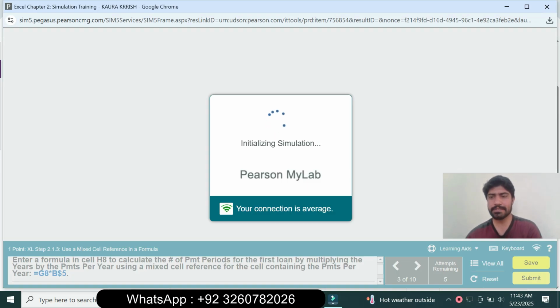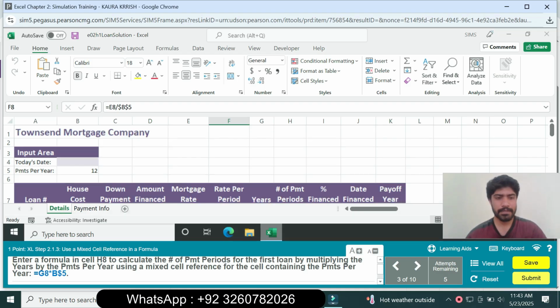Question number 3 is: enter a formula in cell H8 to calculate the payment periods for the first loan by multiplying the years by the payments per year, using the mixed cell reference for the cell containing the payments per year. Type equals G8 multiplied by B5.